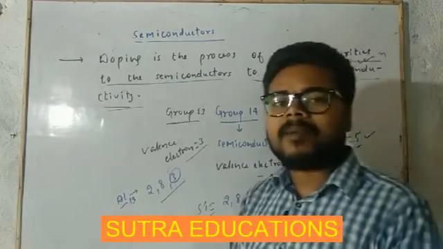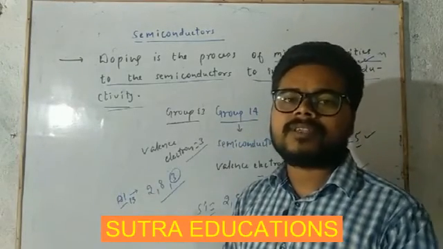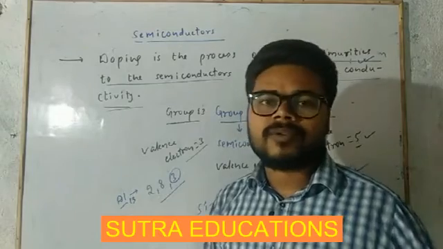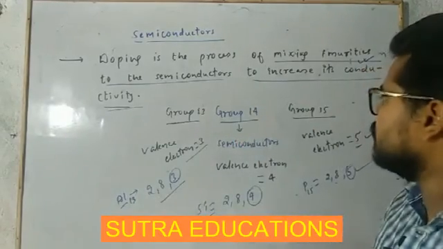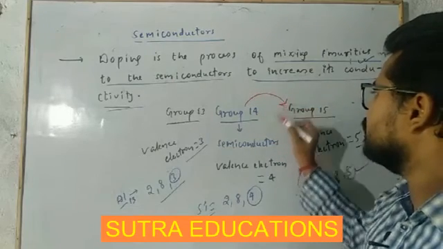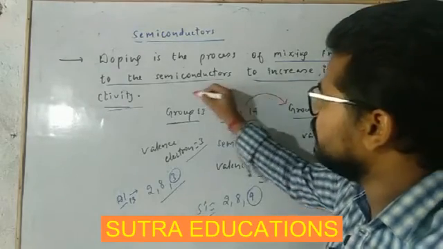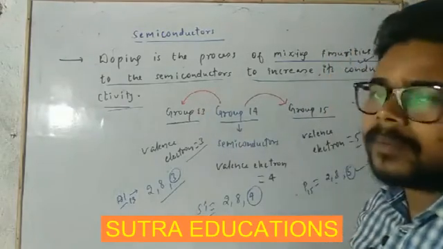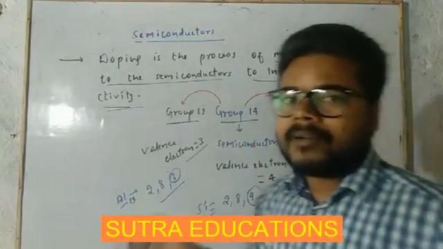Impurities are simply group 13 and group 15 elements. The impurities which we are going to mix with group 14 semiconductors are group 15 or group 13. So doping can be done in two ways.